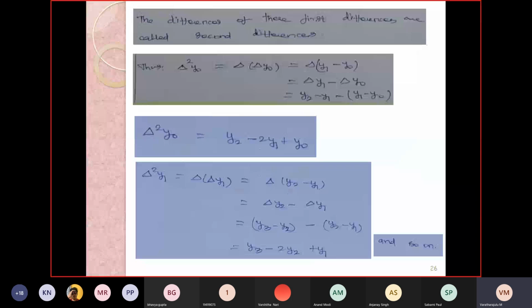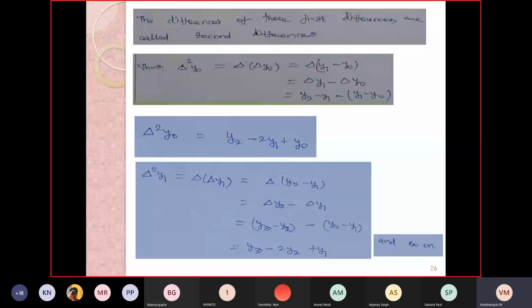And the differences of these first differences are called the second differences. Here, we need to pay attention to delta power 2 y0. This is not the power of delta.